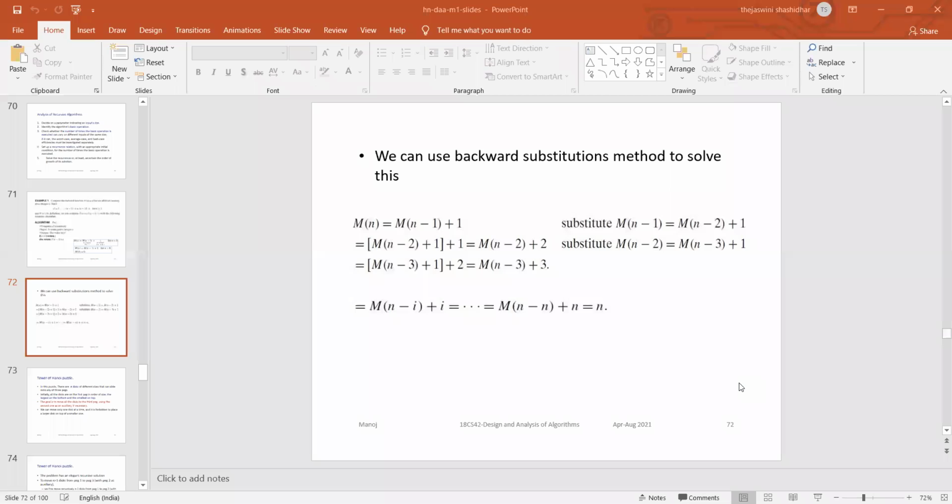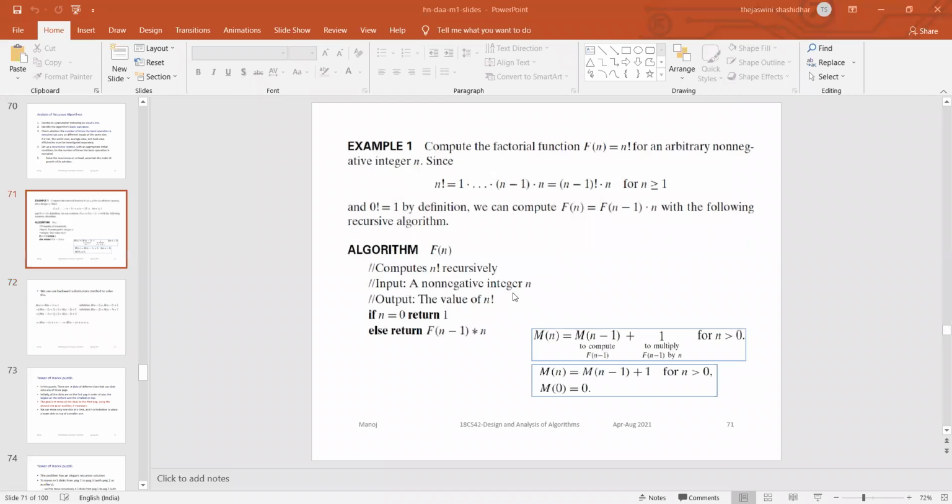Can anybody tell me in the chat box? I want the answer, then only I can move forward. Tell me where the recurrence relation is in these steps.